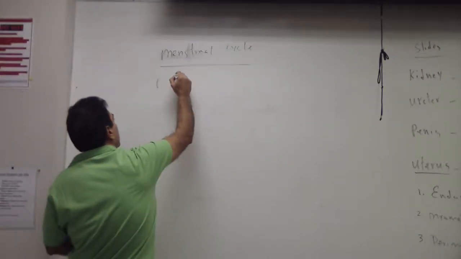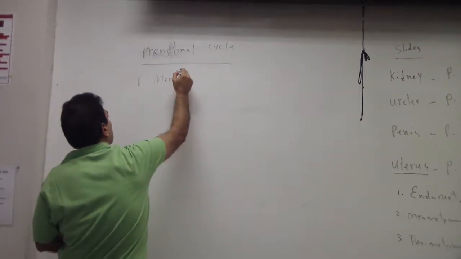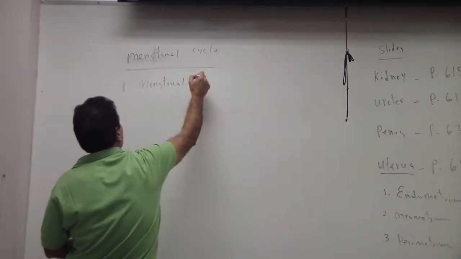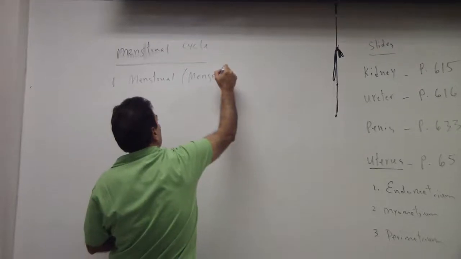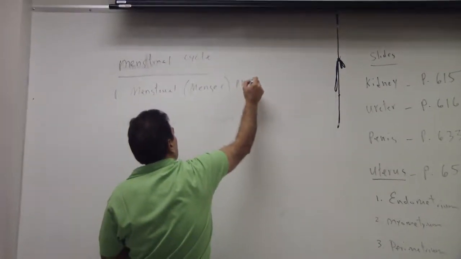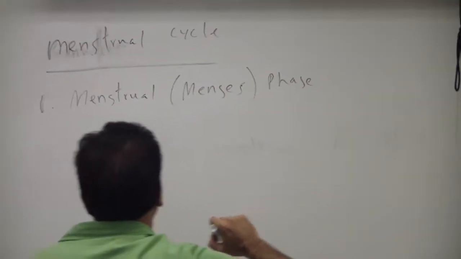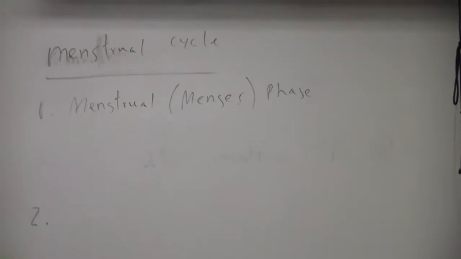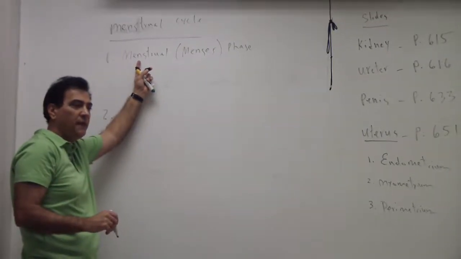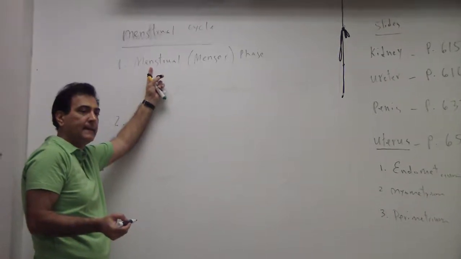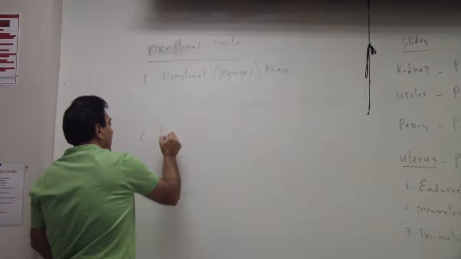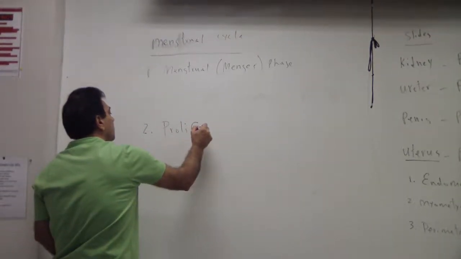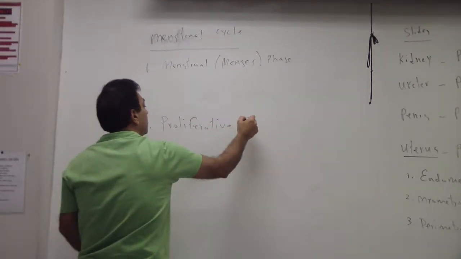The first phase is called menstrual phase or menses phase. The second phase is called proliferative phase.